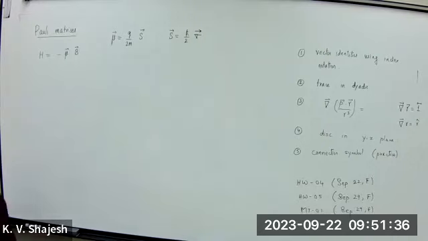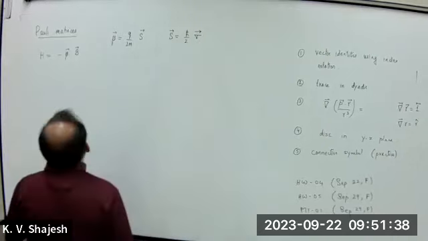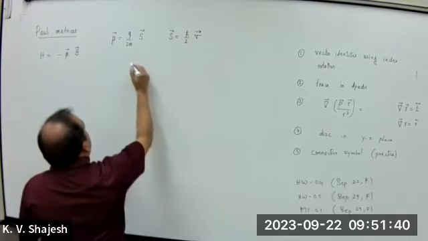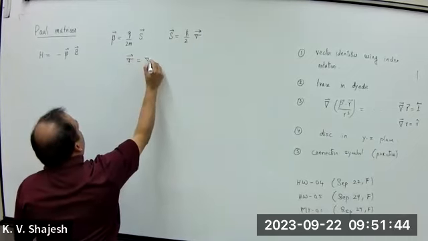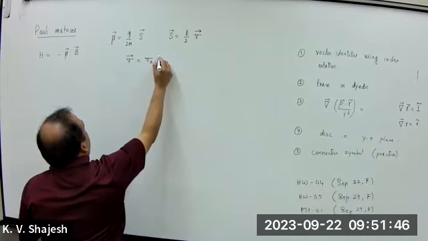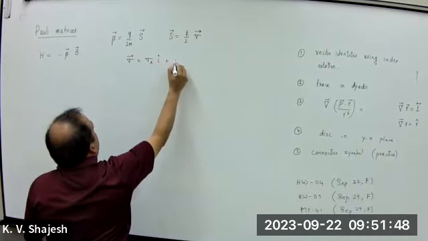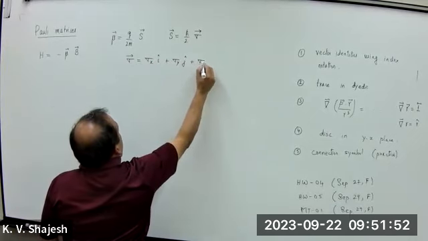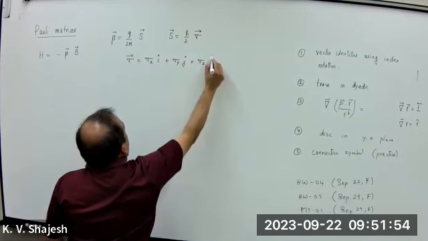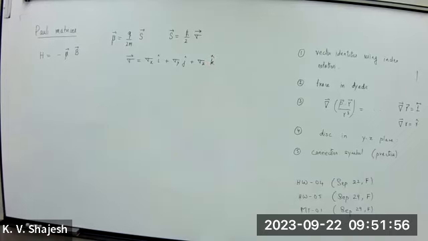And whenever we say sigma in here, sigma is a vector. That's sigma x in the i hat direction plus sigma y in the j hat direction plus sigma z in the k hat direction.